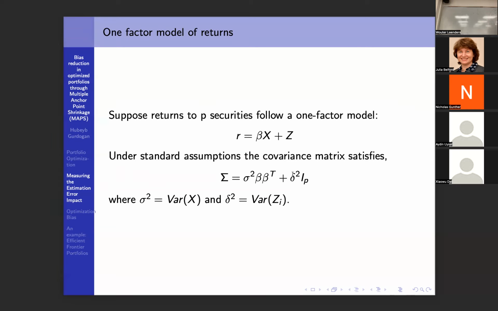Under some standard assumptions, we have a rank 1 covariance matrix structure, where sigma squared is the variance of capital X, and delta squared is the variance of each entry of the residual. We're assuming that each one of them is equal to delta squared. This is the rank 1 covariance matrix structure we have.